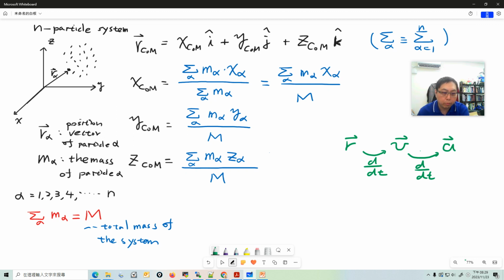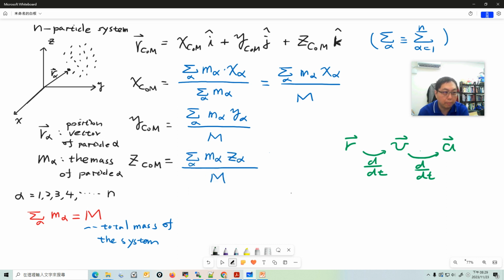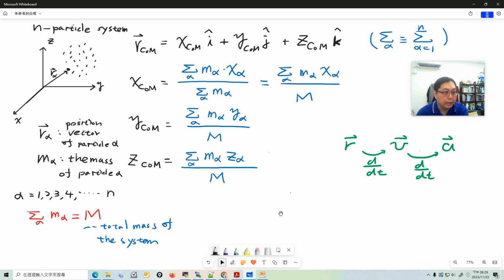In the previous lecture, we gave the definition of the position of the center of mass. Let's move a little further and talk about the velocity and acceleration of the center of mass to see what happens.